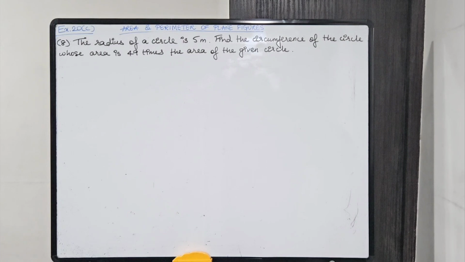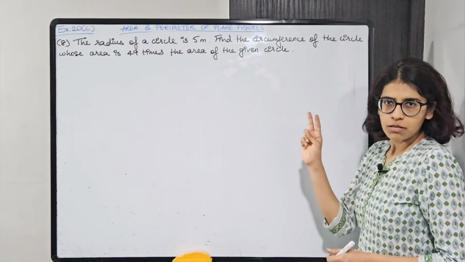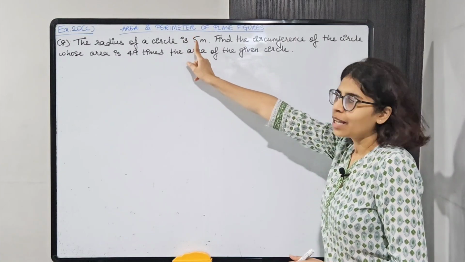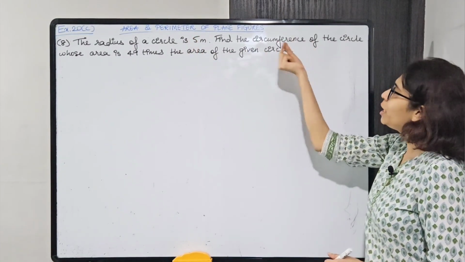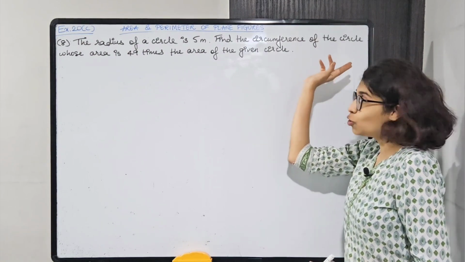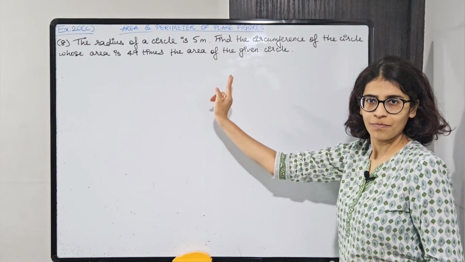Find the circumference of the circle whose area is 49 times the area of the given circle. There are two circles. For first circle you are given the radius, and for second circle you need to find out the circumference, and you are given the relation between the area of the two circles.